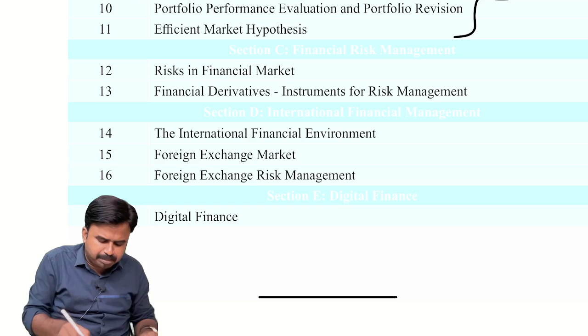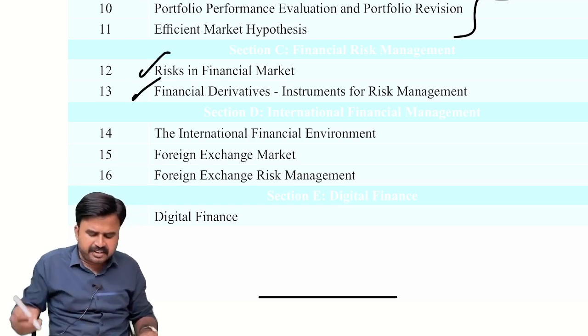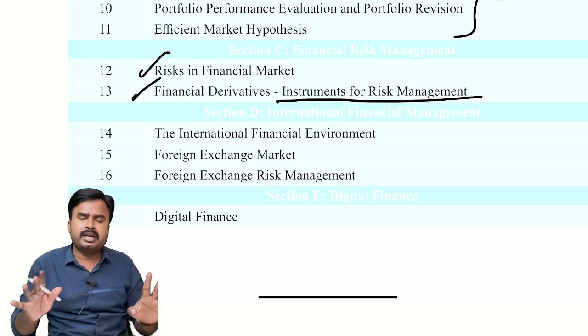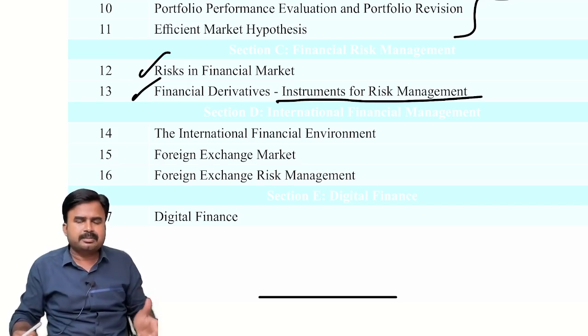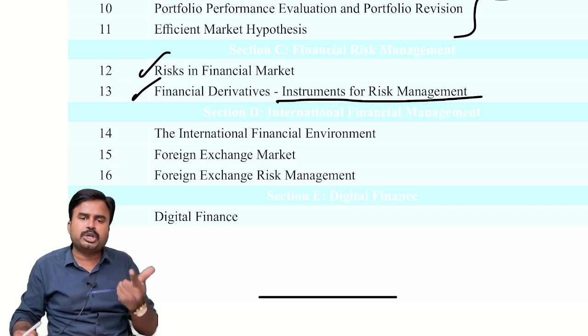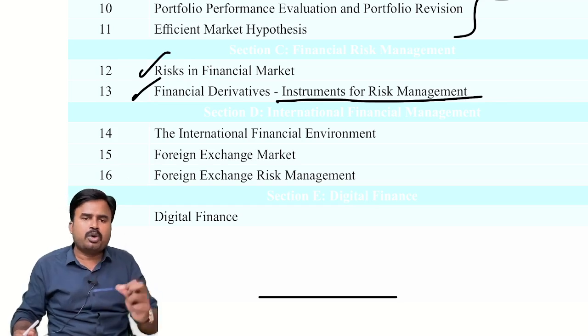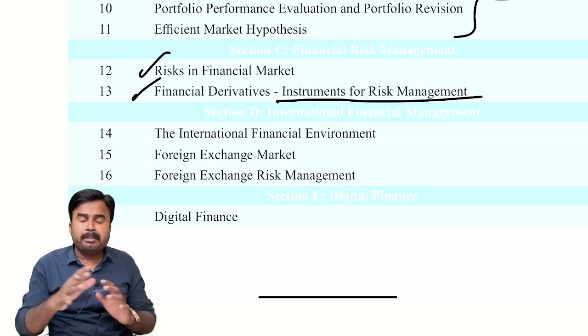So look at this chapter: risks in financial market. First of all, you have to understand that. Then financial derivative instruments for risk management. There are so many agreements, derivative contracts for mitigating the risk, like option contracts, future contracts. Option contracts which deal with stock, and option contracts which deal with interest rate. Like that, we have several strategies which we need to apply for mitigating the risk.